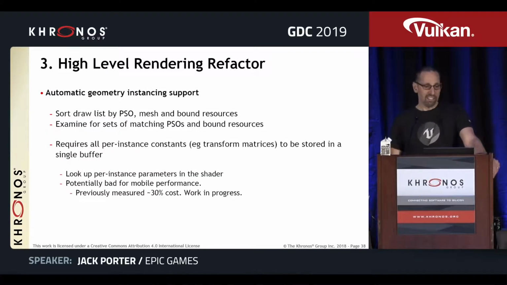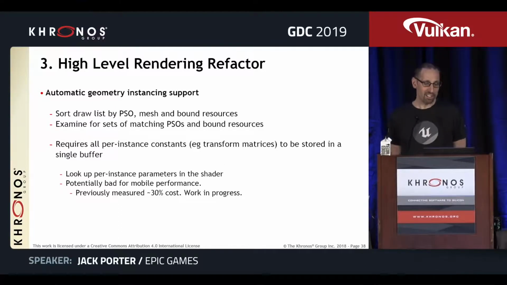An advantage of this is that because we have the full state available, we can examine the visible draw list and work out what objects can be automatically instanced together. This does require that all of the per instance constants, for example, the transformation matrices for the particular instances of the mesh, be stored in a single buffer that we can look up inside the shader.